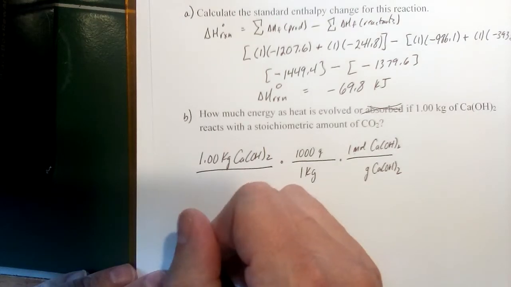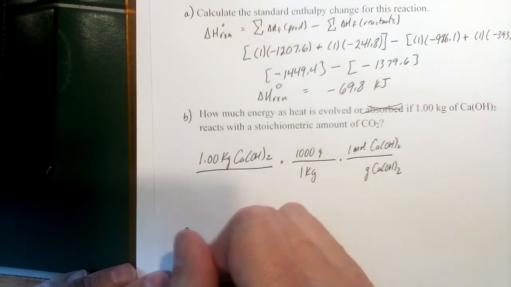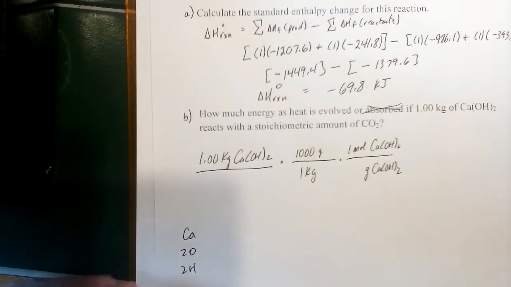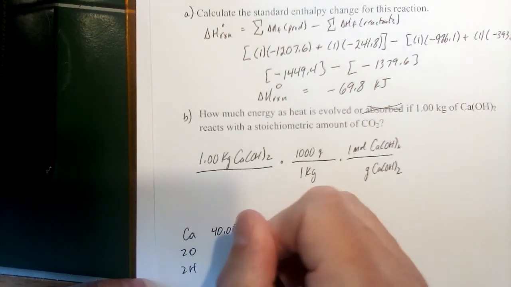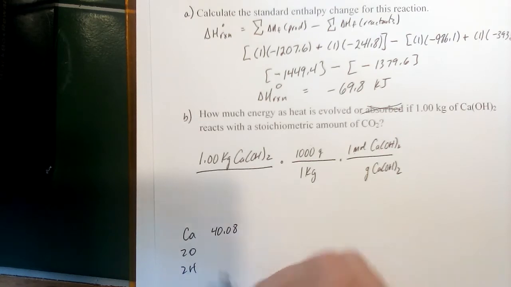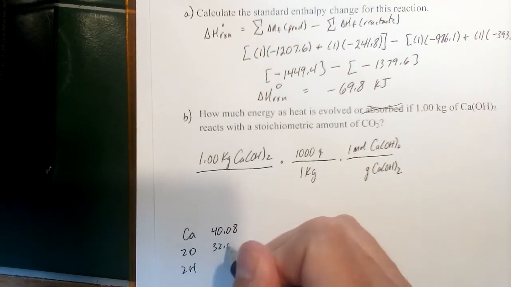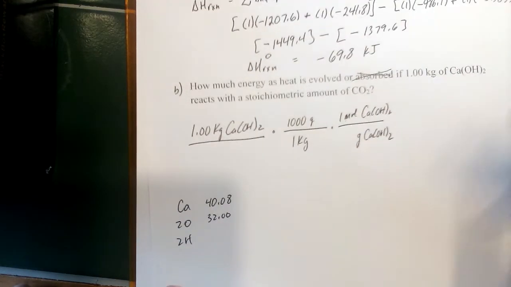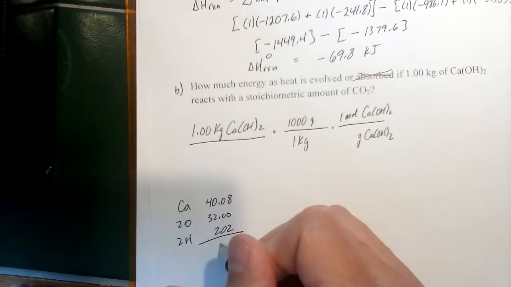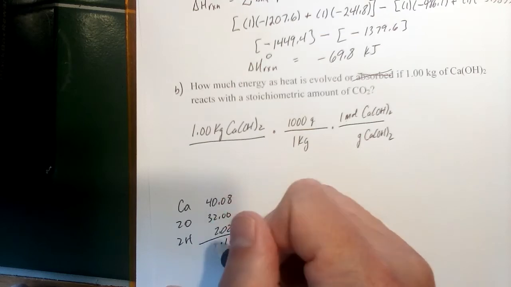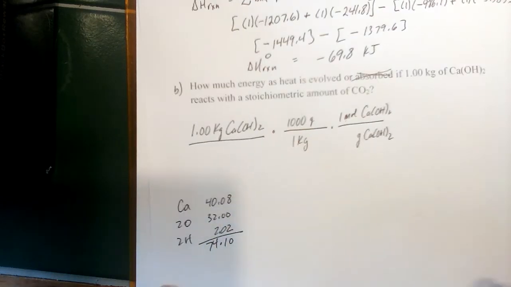So 1 calcium, 2 oxygens, 2 hydrogens. Calcium is, periodic table handy, 40.08. Right, we've seen oxygen quite a bit. It's 16, so 2 of them is 32. And hydrogen is 1.01, so 2 would be 2.02. So that would be 74.10.